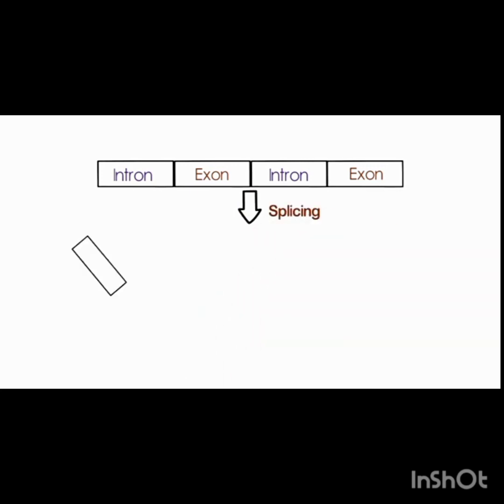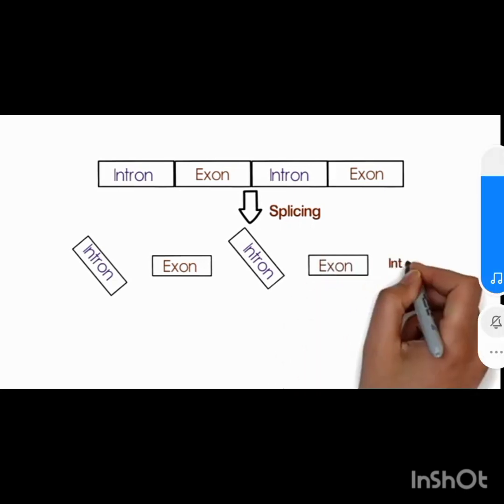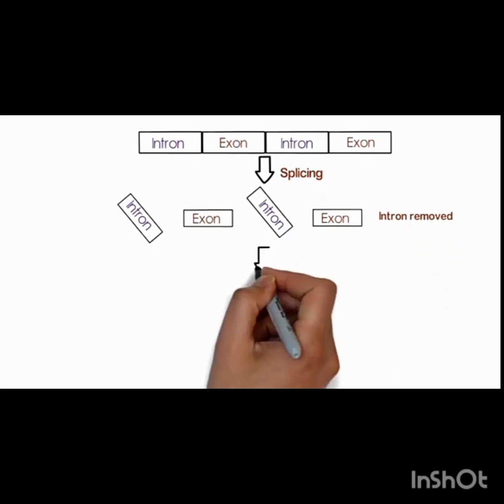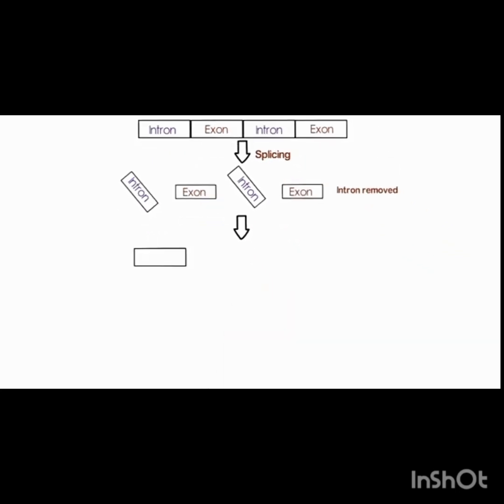So what is happening in this one? Before preparing the protein, splicing takes place, which is nothing but the separation of the introns from the exons. After this, it is called intron removed. Together, all the exons form a long strip.